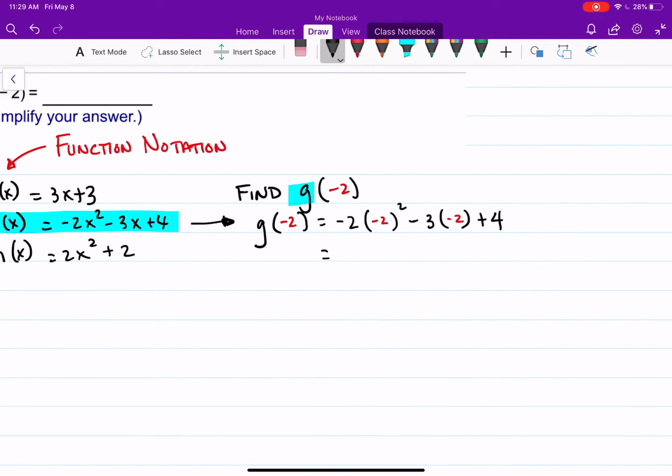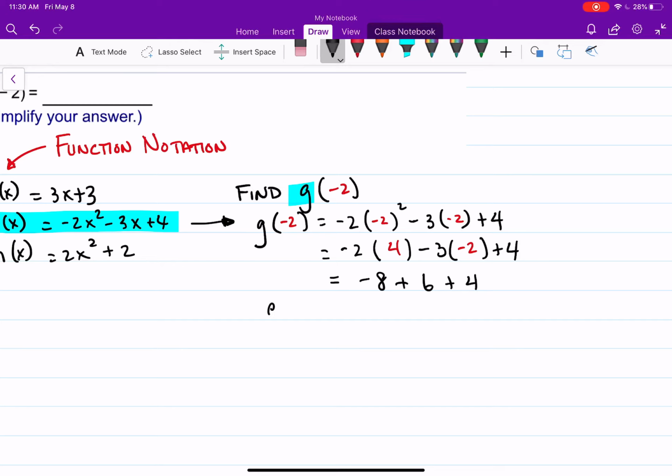So then you're going to work the right side. Well, order of operations. So I got -2 times 4, because -2 squared is 4, minus 3 times -2 plus 4. And then I multiply: -8 plus 6 plus 4.